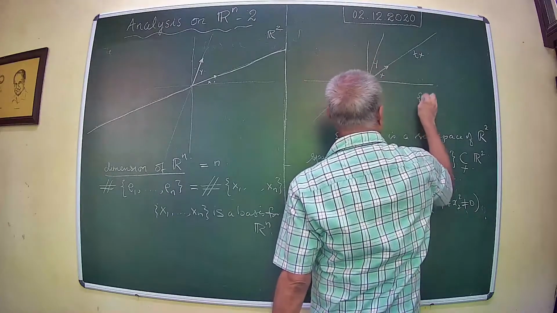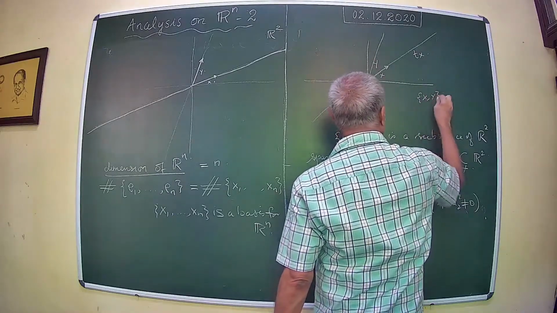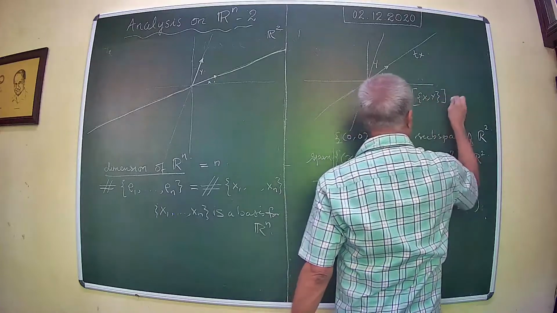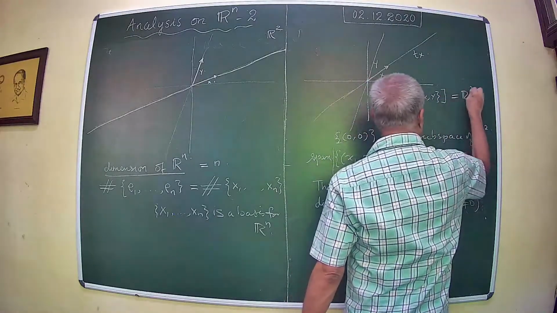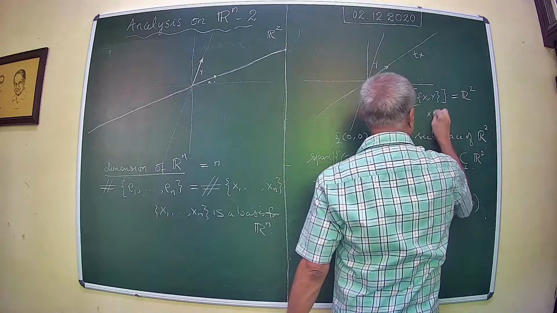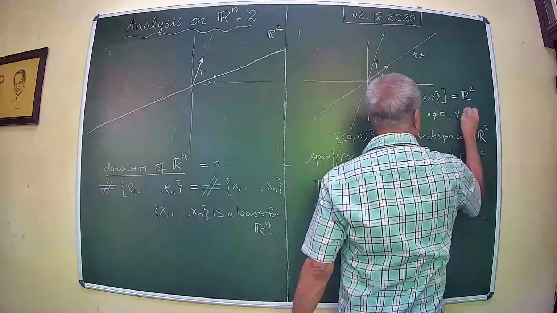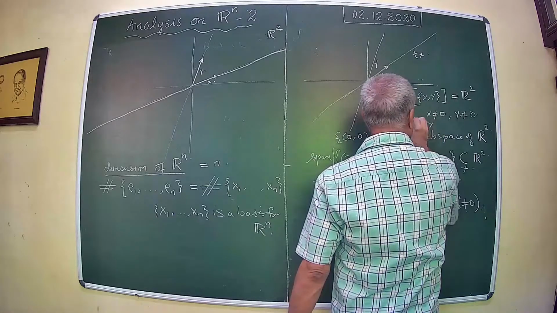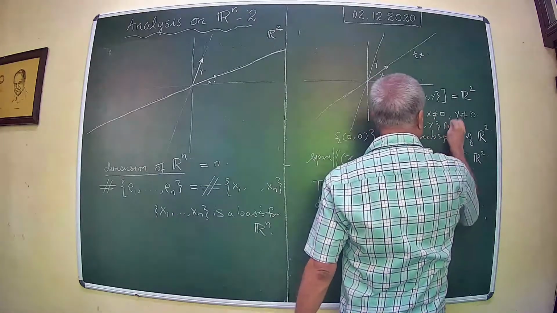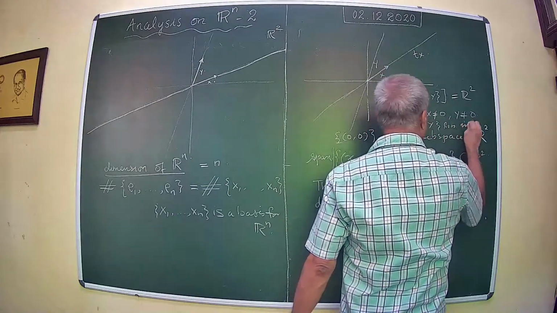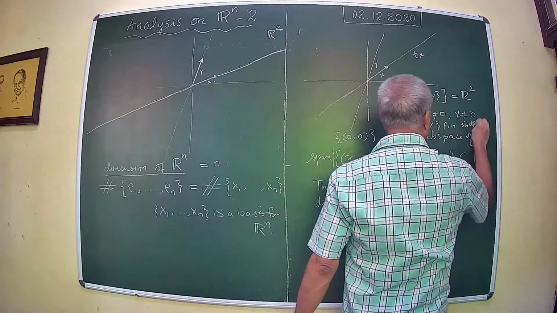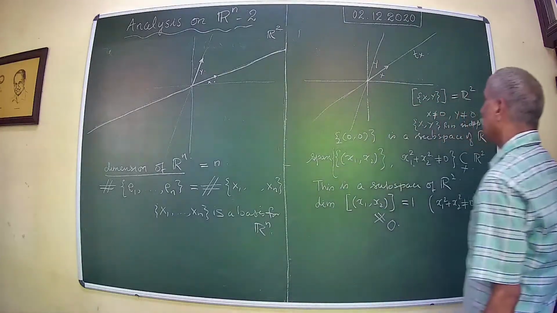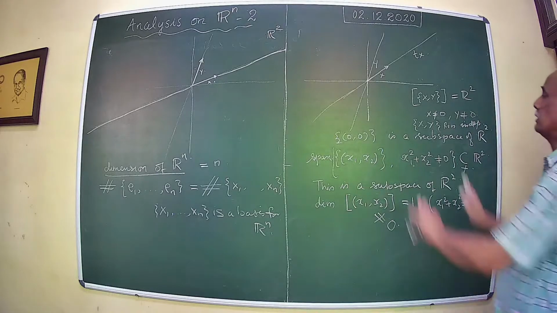So you take x not equal to 0, y not equal to 0, x comma y linearly independent. Then it is the whole space.